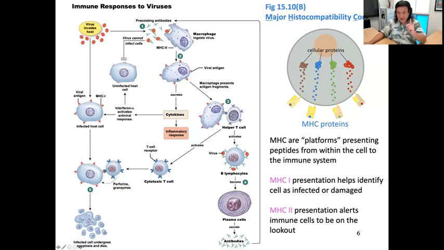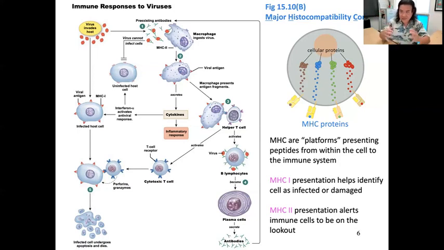Oh, but not so fast, right? It's not the same MHC, it displays it on MHC2. See, it's a purple little rectangle here instead of the little pink MHC1 rectangle. Why? Right? Because this macrophage, when it's presenting the peptide, is not saying, help, I'm infected, I don't know what to do, right?